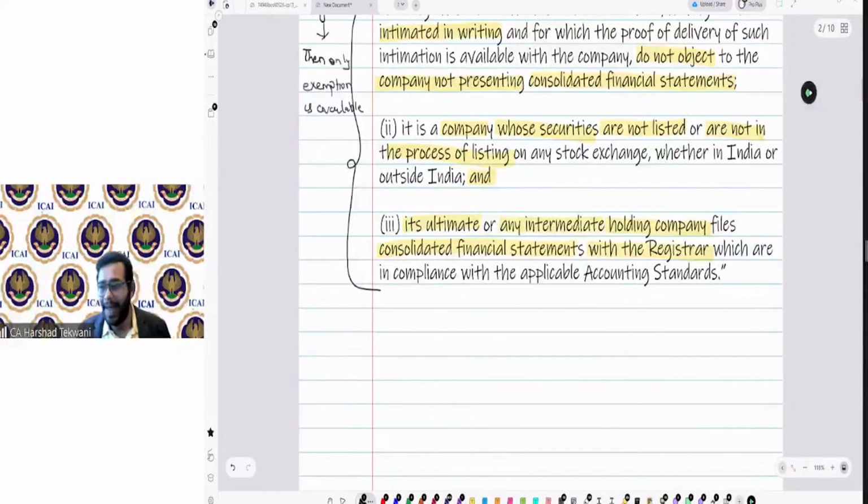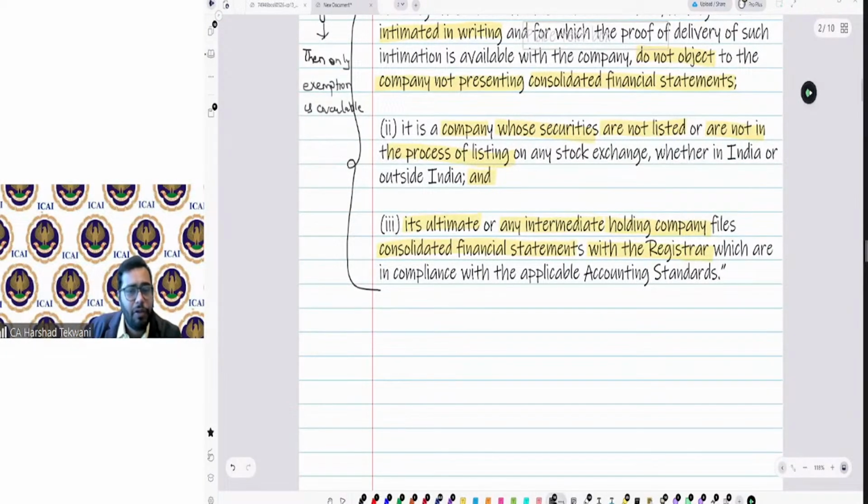That's why the next part of Rule 6 itself comes into the picture, which talks about what is required to be done when this kind of scenario arises.